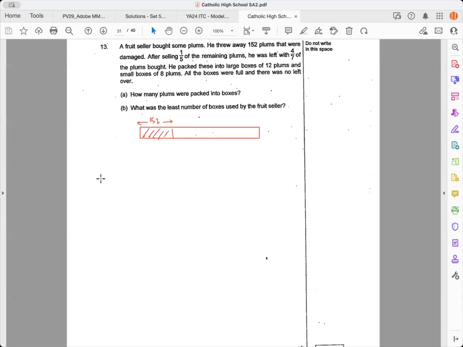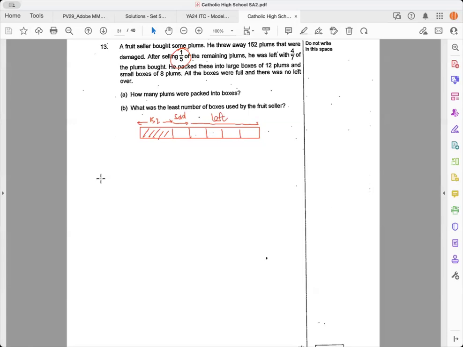The remaining can be divided into 5 parts: 1, 2, 3, 4, 5. 1/5 of the remaining sold. So this is 1/5 sold. This is left. Okay, so far okay.